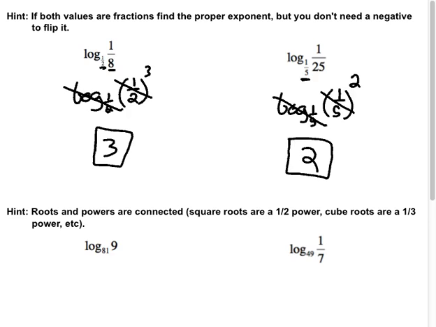So again, basically telling you 1/5 needs to be squared in order to become 1/25. So again, that's the big idea on how you deal with fractions, okay? You deal with fractions mainly with negative exponents unless you have both of them as fractions, then the negative exponent isn't necessary, okay?